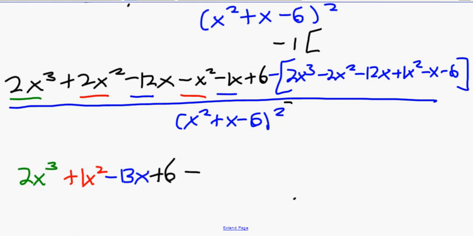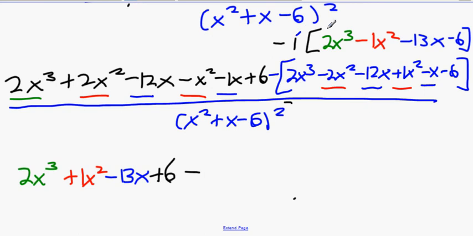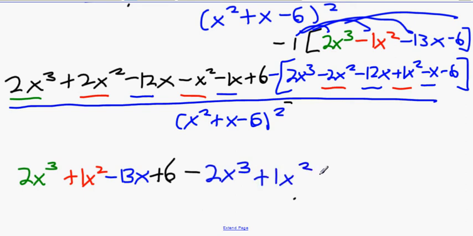So it's minus 1 times what's in here. 2x cubed remains unchanged. x squared is going to be minus x squared, minus 1x squared. The 12x gets added to the minus x, becomes minus 13x, and that's minus 6. I'm now going to multiply everything in here by minus 1. I'm now going to get minus 2x cubed, plus 1x squared, plus 13x, plus 6.